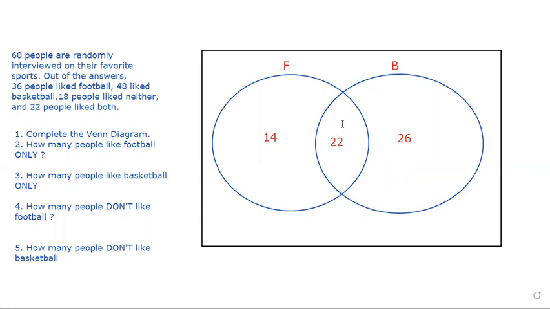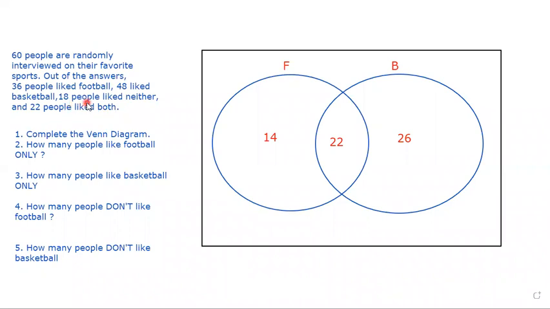So these 22 people like basketball just as much as anyone else, but they also like football. These people out here only like basketball, the 26. These people on the left only like football. Now we can come back to the problem. So we have everything solved.